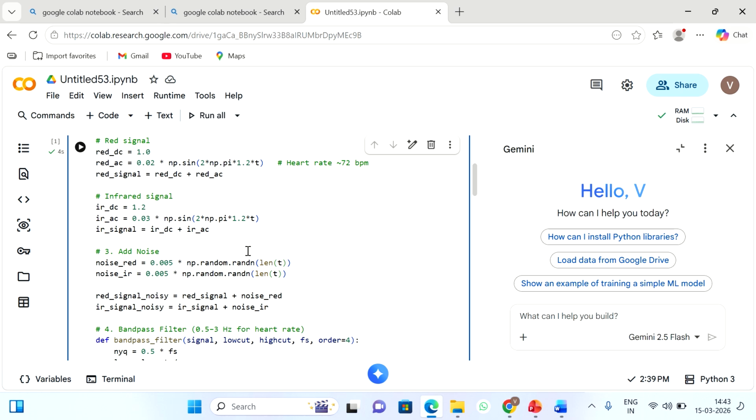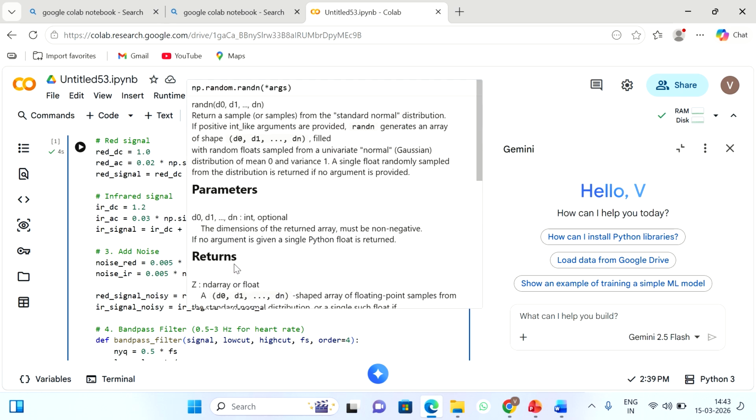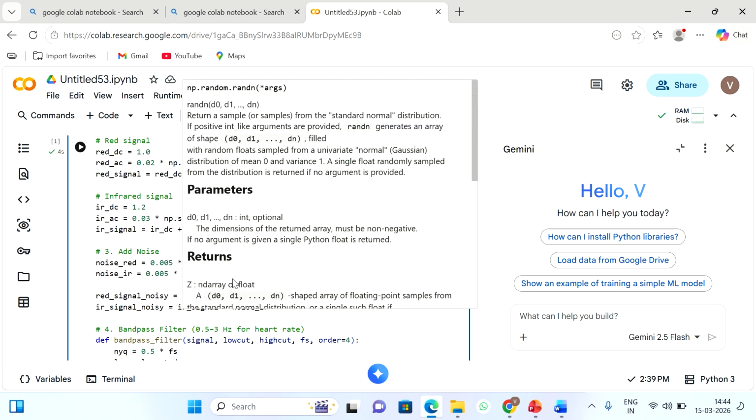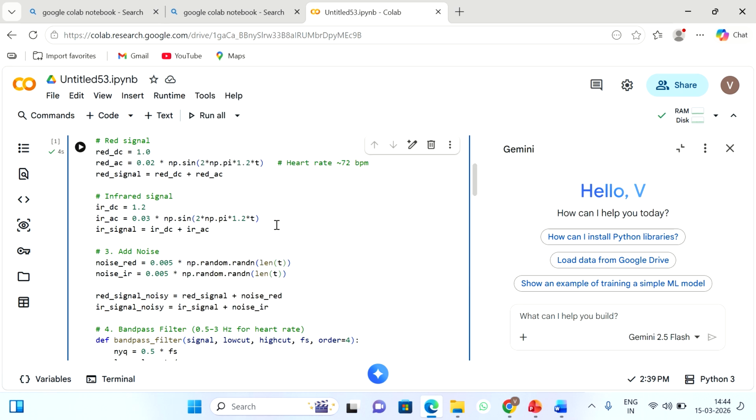Now what is the meaning? np.random.randn is generating the random noise. So the amplitude is very small, it is 0.005 only. So this simulates motion artifacts, sensor noise, ambient light, temperature, and ambient light interference.